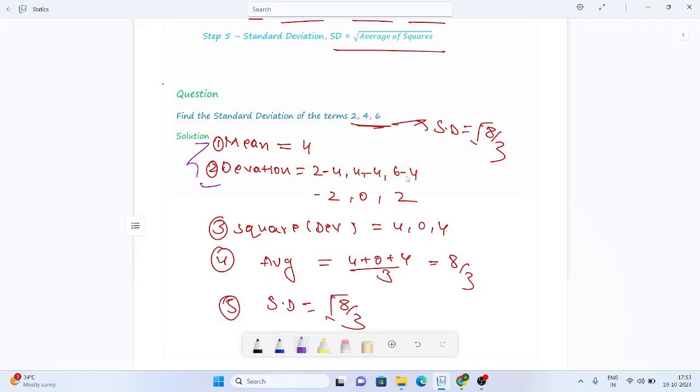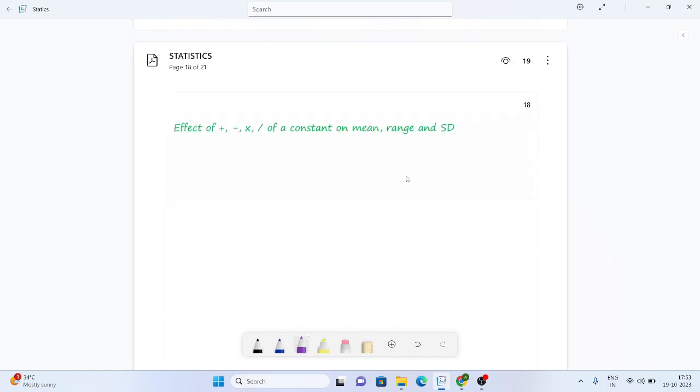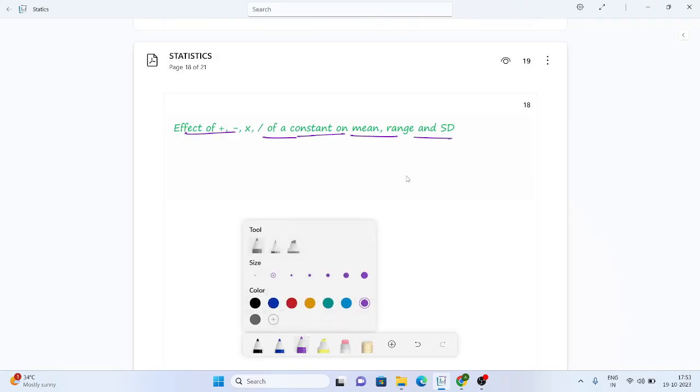One important concept regarding this, which is also very helpful in data sufficiency. Okay, so the effect of plus, minus, multiplication, division by a constant on the mean, range, and standard deviation. Okay, so I take the previous set, 2, 4, 6.